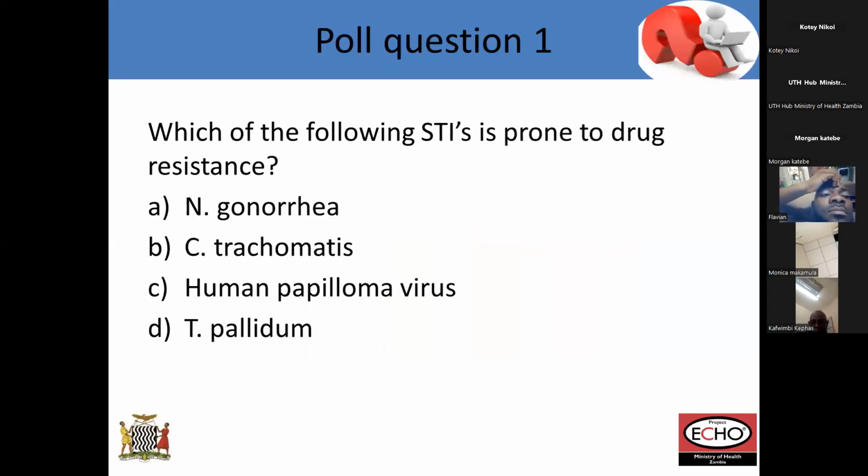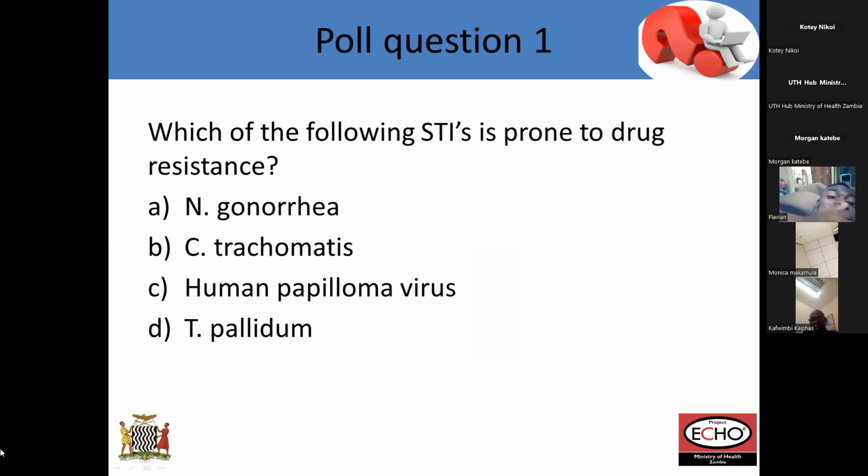Okay, thank you, Dr. Ngalamika. Quite interesting statistics, which brings us to our first poll question, which reads: which of the following STIs is prone to drug resistance?